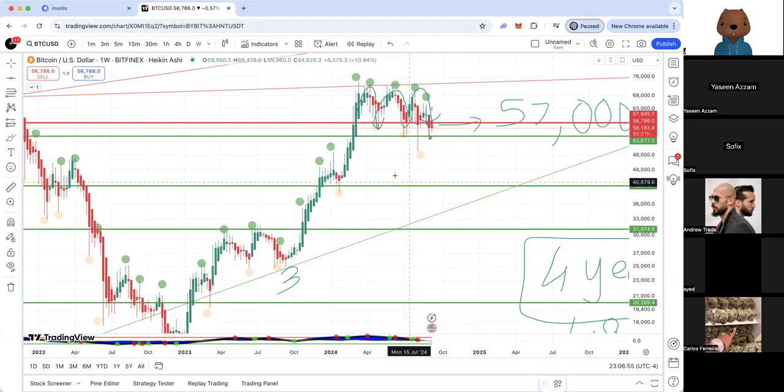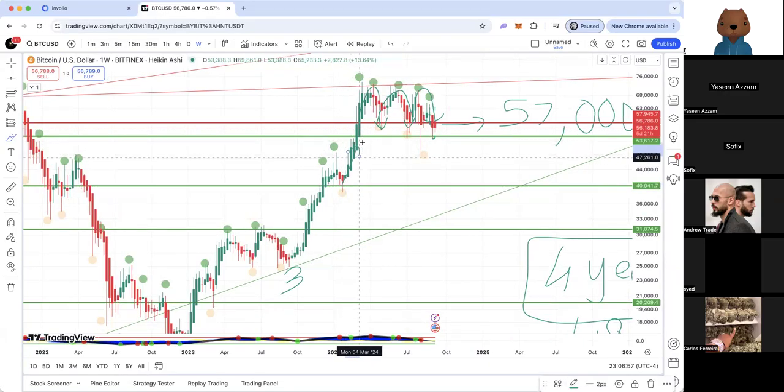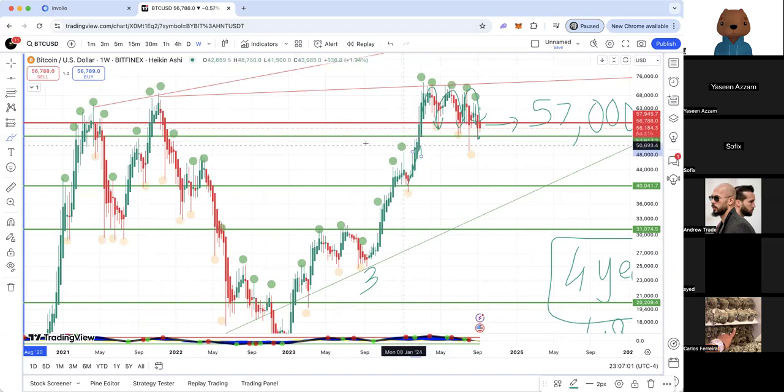If it fails to bounce off a line and reach a next level of support and form a next level of support and a next level of intense price action around that level, then it's always going to come back down to the last point. So we expect it to hover around 53 now.